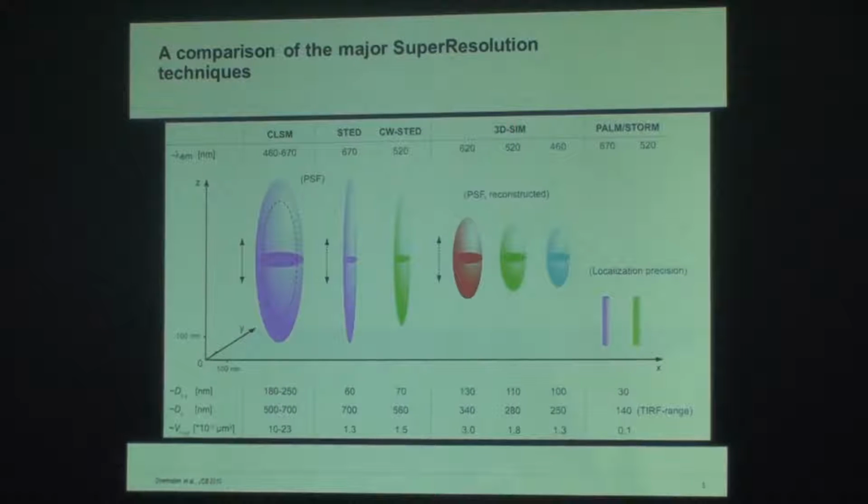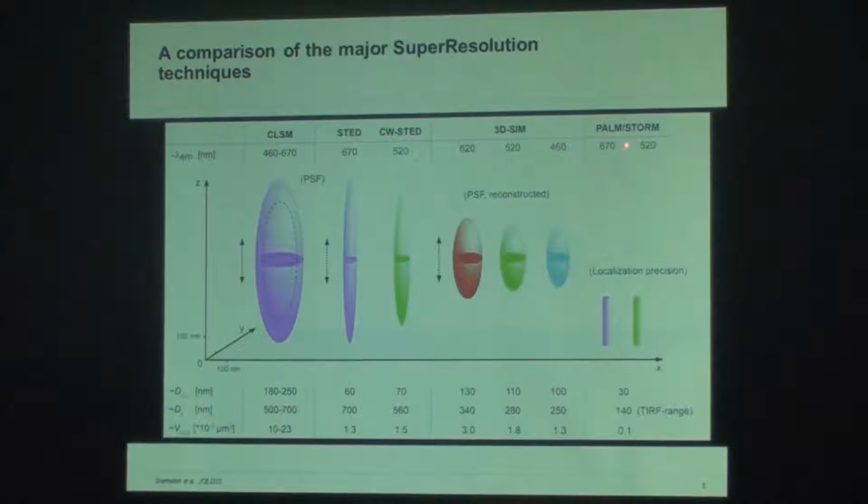The 3D SIM improves the resolution almost twofold compared to the conventional microscope, and is better than STED in terms of Z.